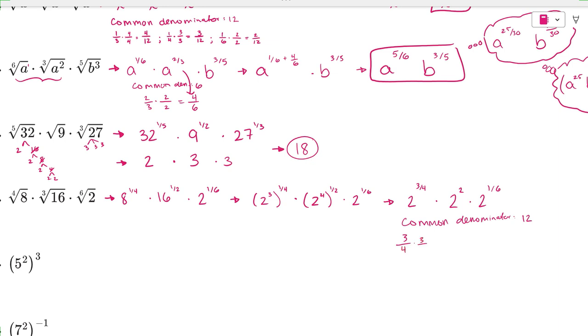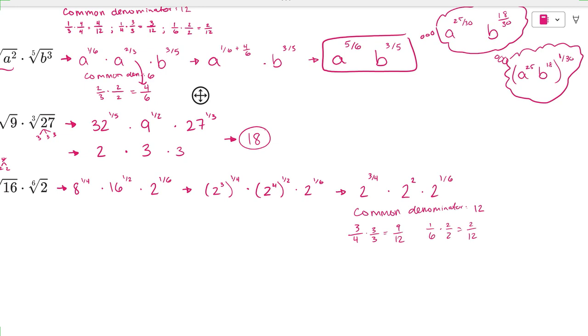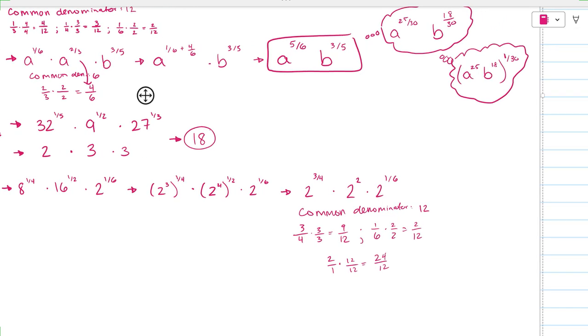So 3/4, I need to multiply by 3 over 3 to get 9 over 12. And 1/6, I need to multiply by 2 over 2 to get 2 over 12. And let's do the 2, I guess, why not? I kind of skipped it there. But 2 is the same thing as 2 over 1. So if I want that to be over 12, I have to multiply by 12 over 12, or 24 over 12.